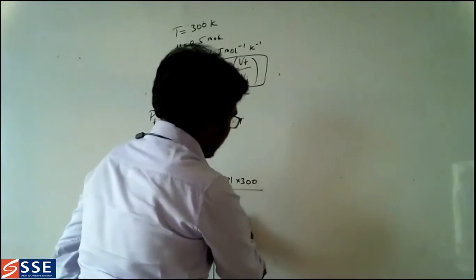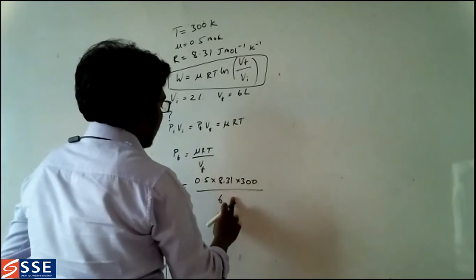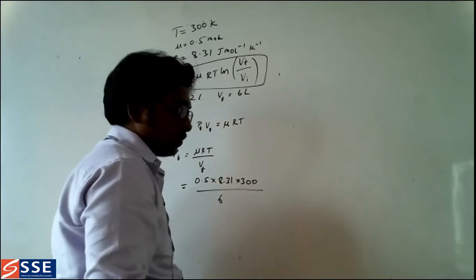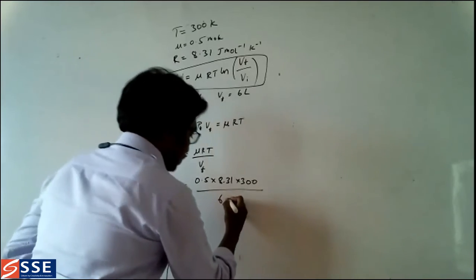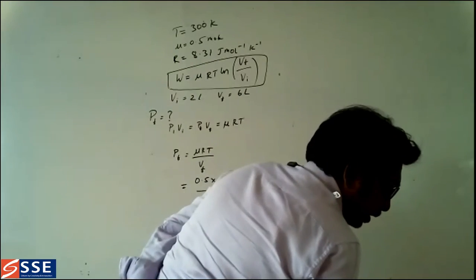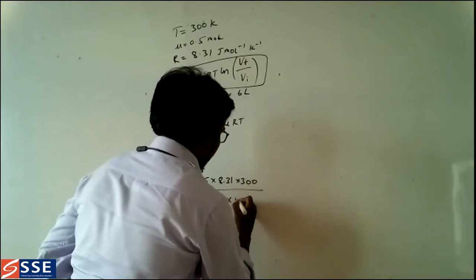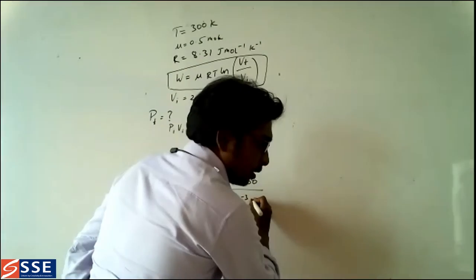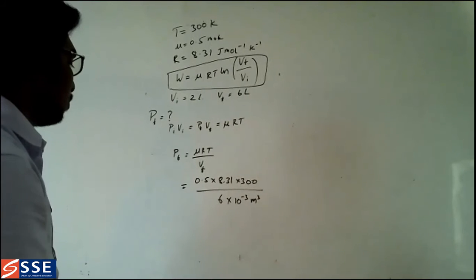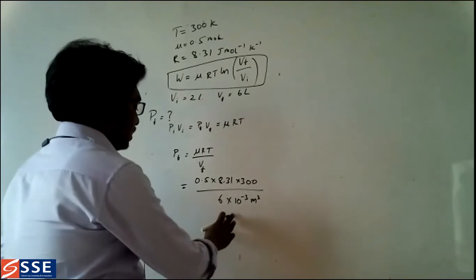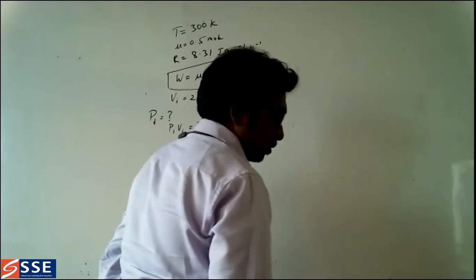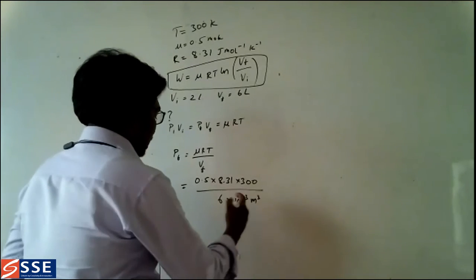Instead of liters, we have to use meters, because we have to use all SI units. So instead of that, I am going to put 6 into 10 to the power of -3 meter cube. It is volume. So 6 into 10 to the power of -3 meter cube.